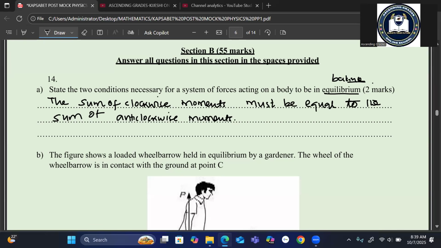That is 1. Then our point 2 is that the upward forces must be equal to the downward forces.